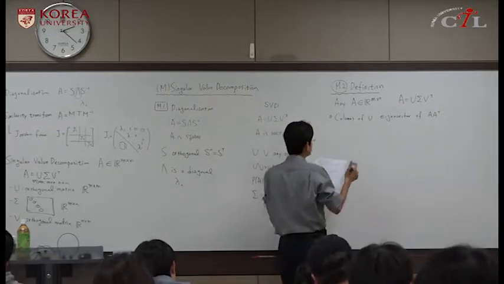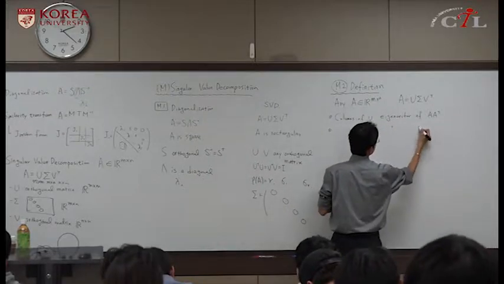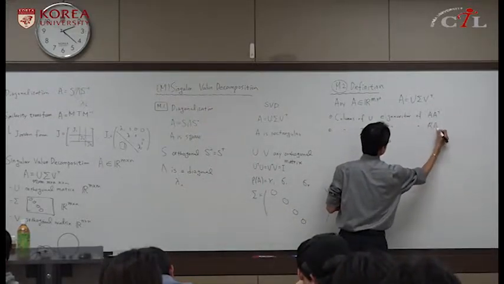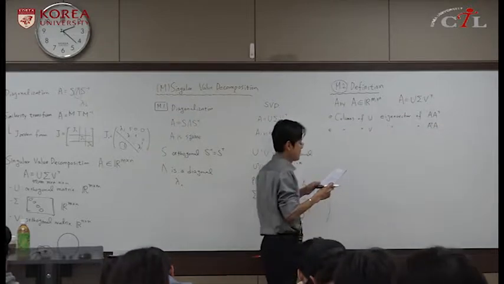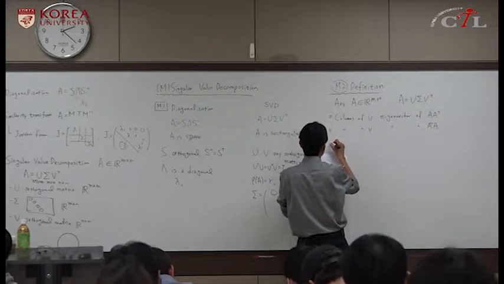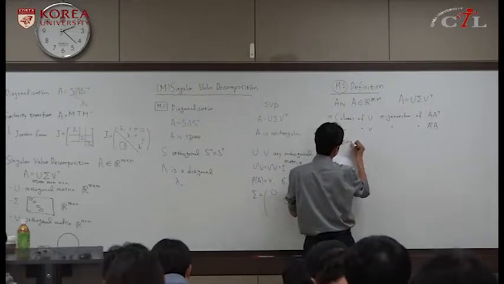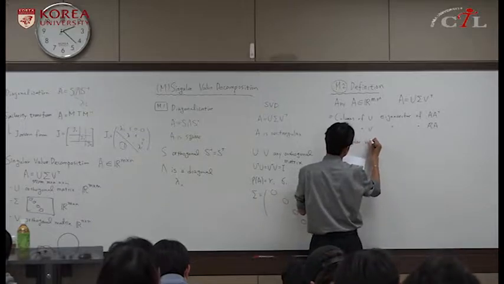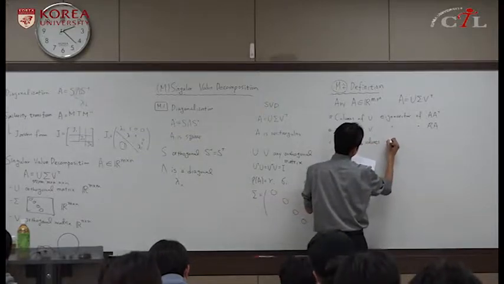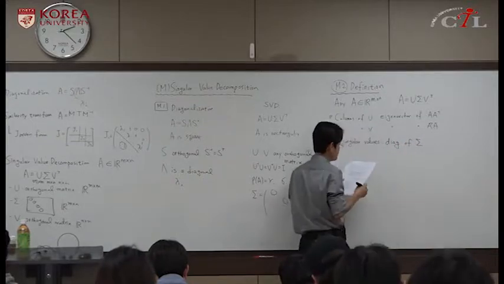And the columns of V are eigenvectors of A transpose A. And the r singular values for the rank r go on the diagonal position of sigma.